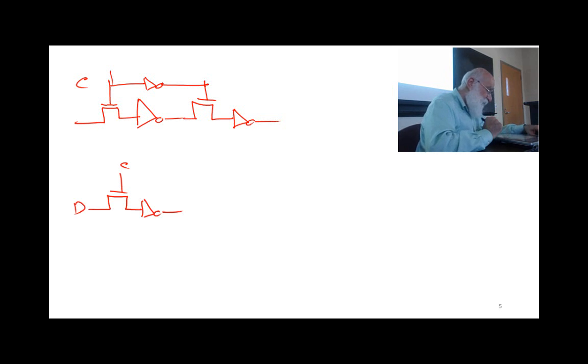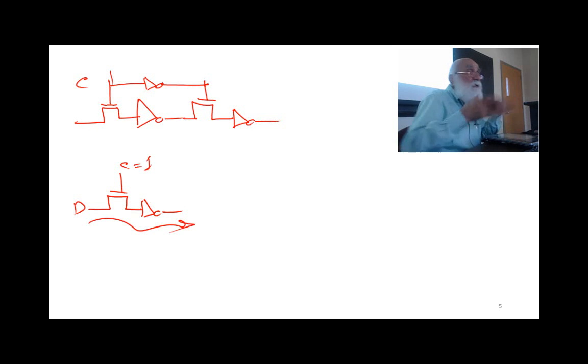Actually, this structure is like a latch, because if C is 1, it is transparent and D goes to the output. If C is 0, this switch is cut off. If that switch is cut off, I am relying on the input capacitance of this gate.